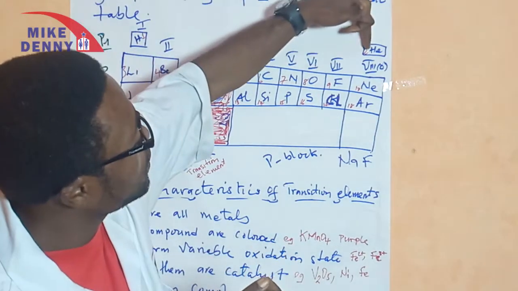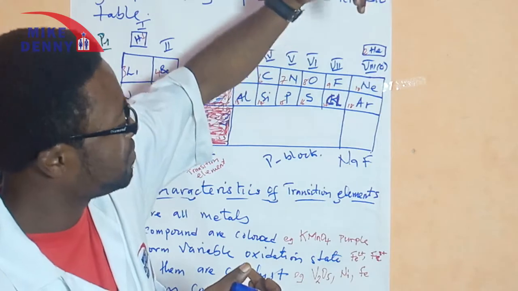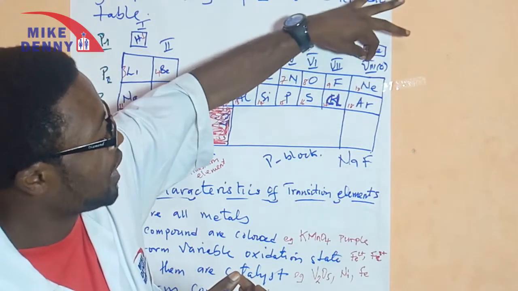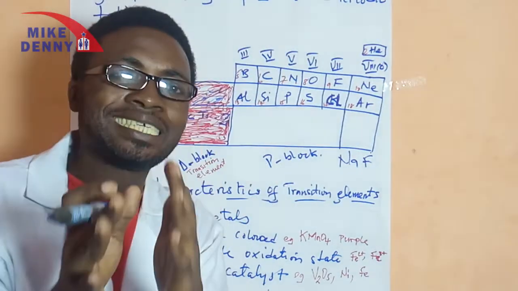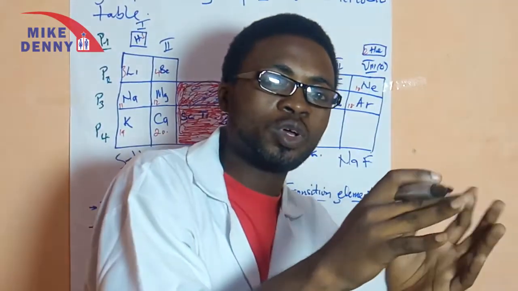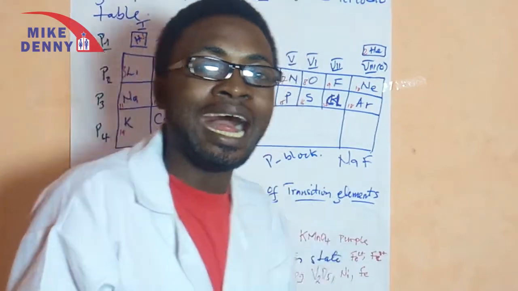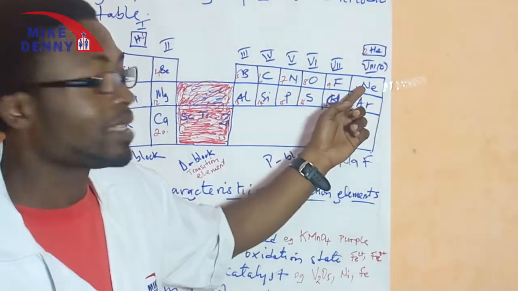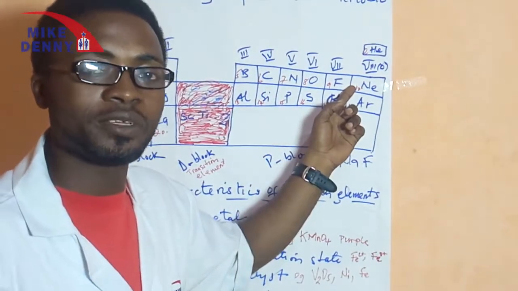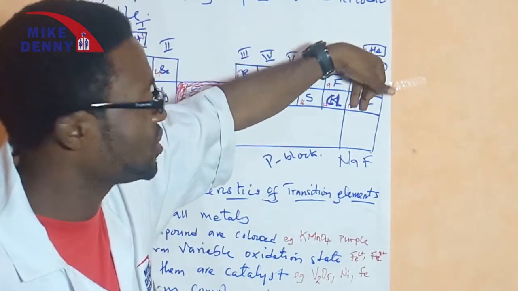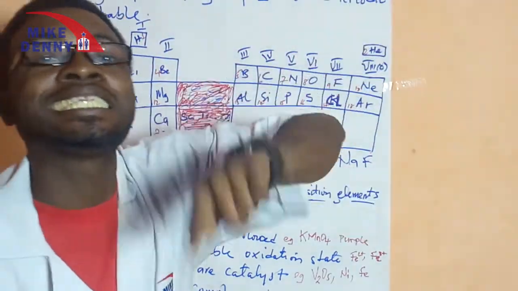Now we look at the group 8 element. We have neon and argon as the group 8 element. We classify them as group 8 because their valence electrons, that is the last shell electrons, are 8. Their last electrons are stable.